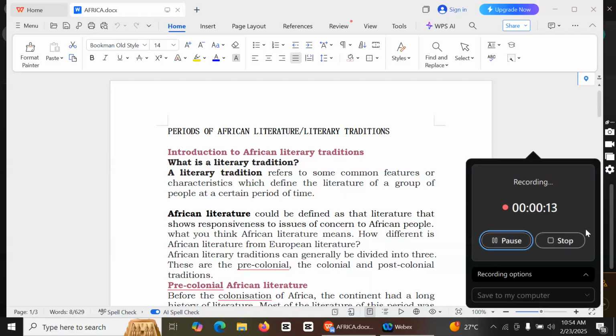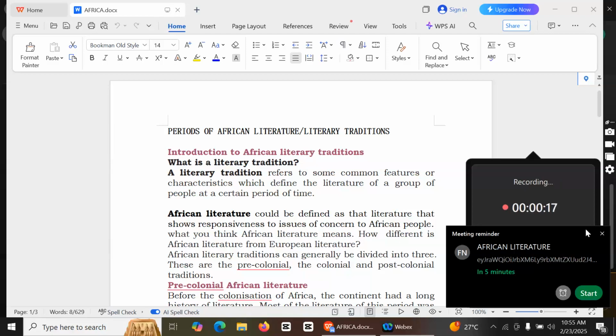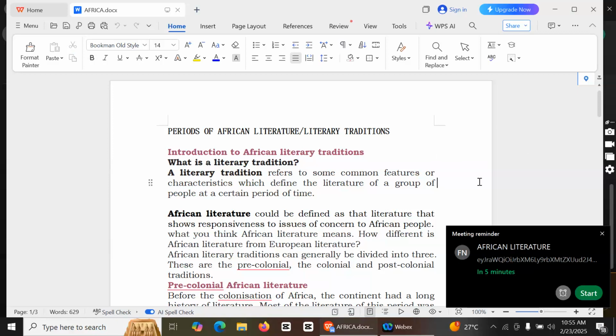We bring you a very important lesson today. You see, periods of African literature or African literary tradition. We already introduced to you what is literary tradition.